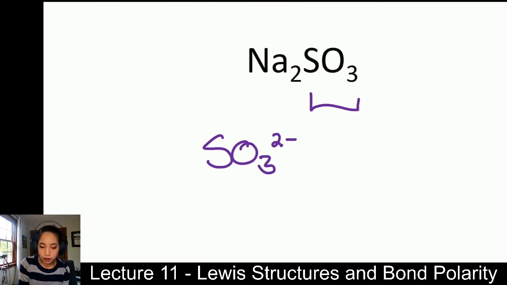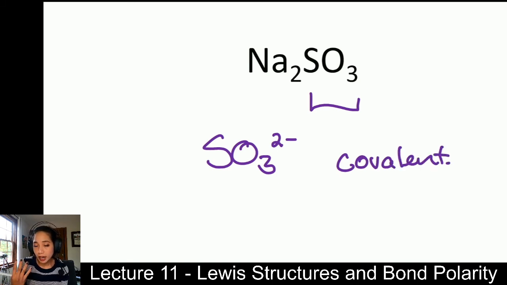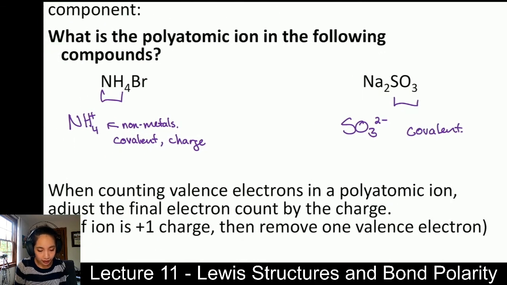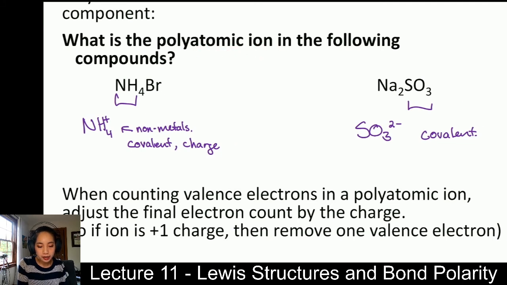So also in sulfate, sulfur and oxygen, those are both nonmetals. So it is entirely covalent, but it's also charged, which we have to take into account. So what I am trying to get at here is that these polyatomic ions have a covalent component, so we can draw a Lewis structure.